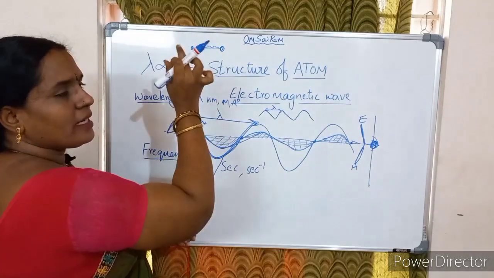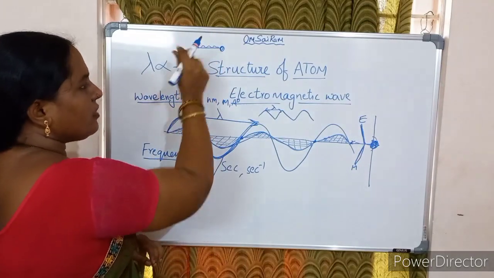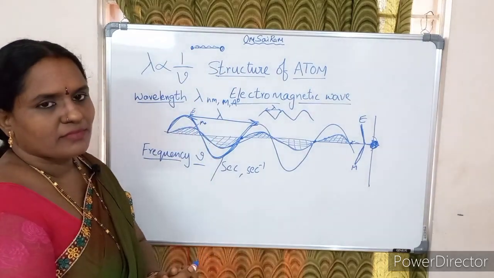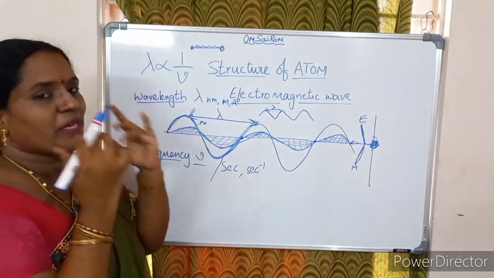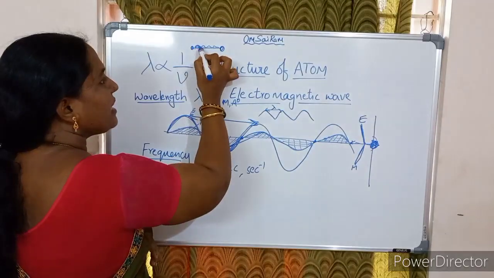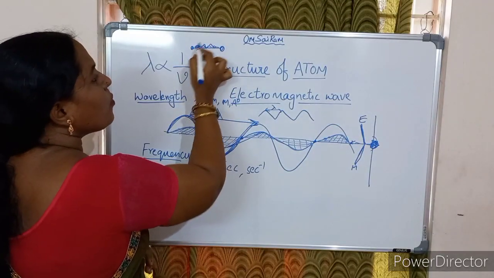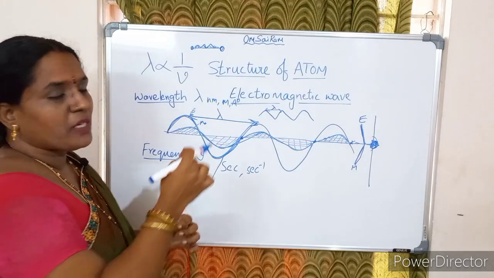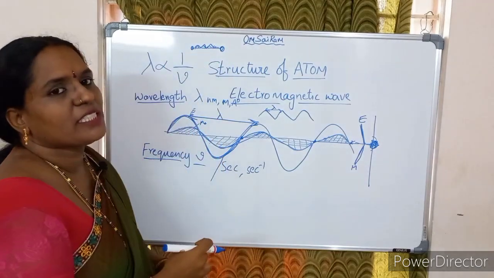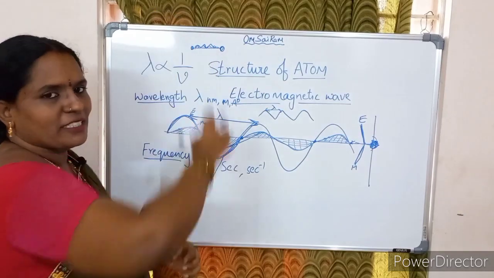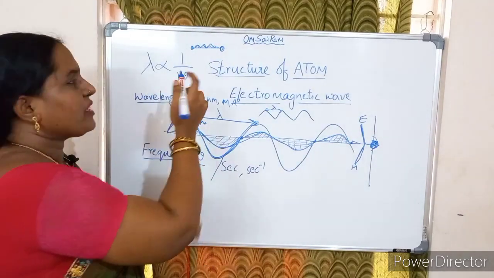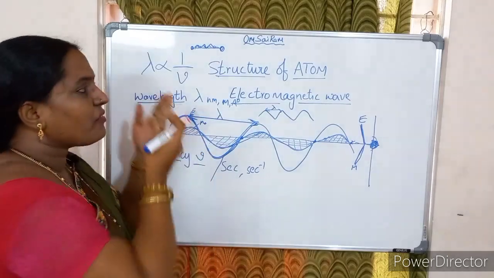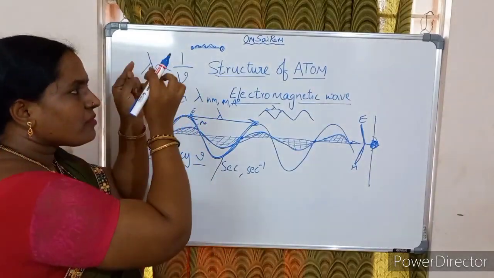Those waves are bigger, having larger wavelength, because we created a lesser disturbance. We pulled it a small distance and left it. The wavelengths are bigger, so the waves are visible to us a little bit.